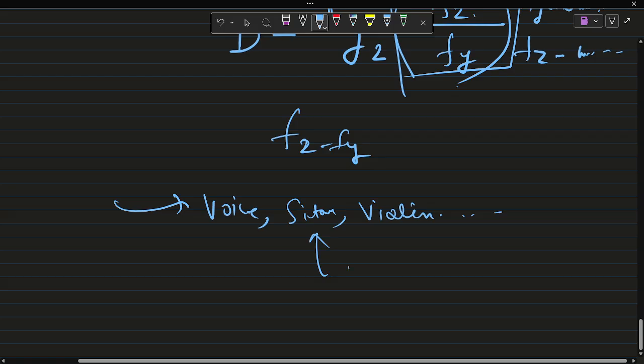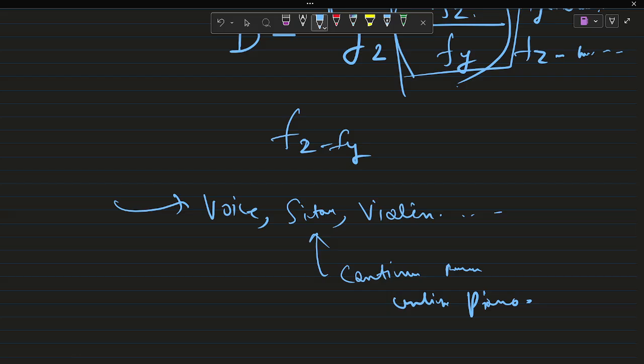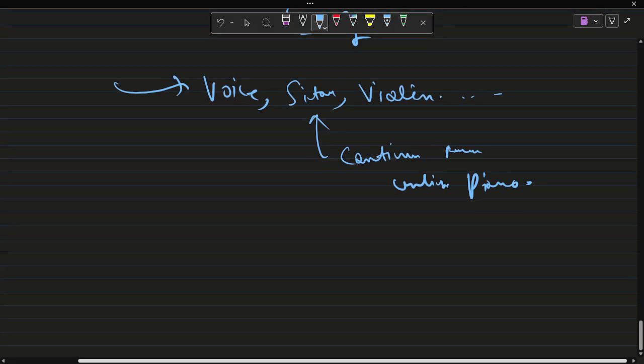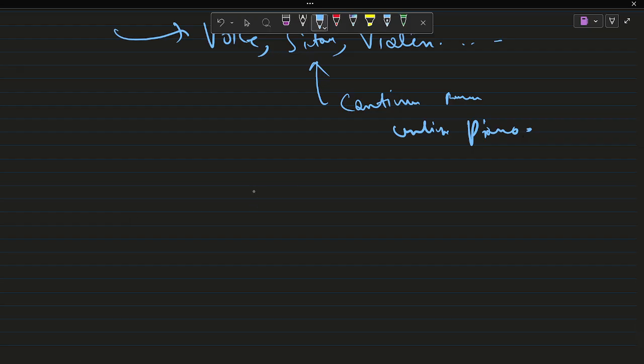They actually produce continuous frequency, unlike your piano. So the smallest frequency distance in your piano is a semitone. A semitone interval is the smallest frequency distance.